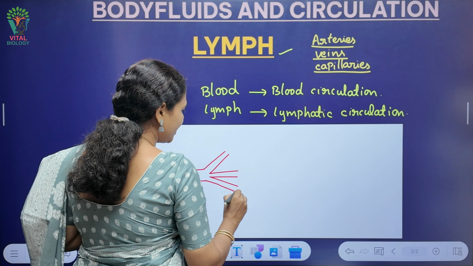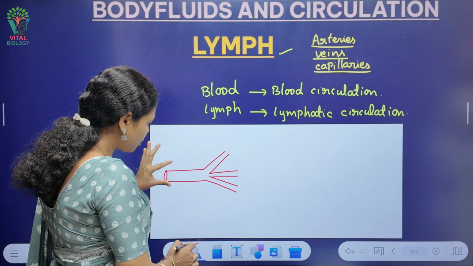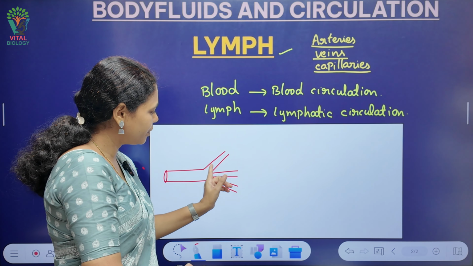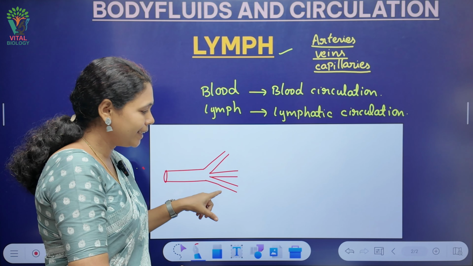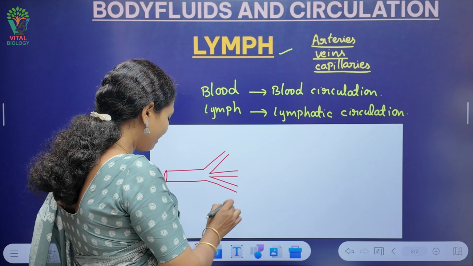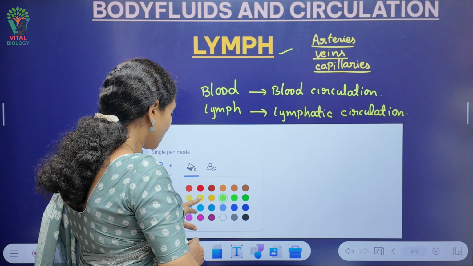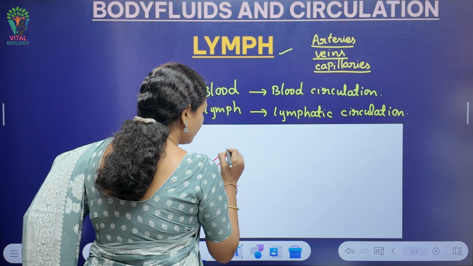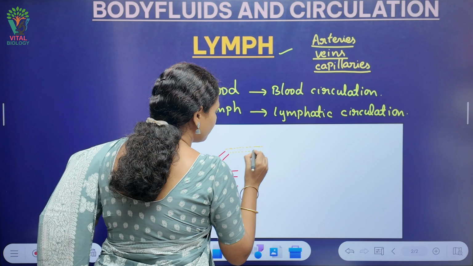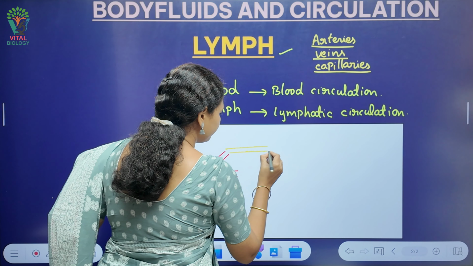You can see the difference in diameter. The diameter of this part is wider, whereas going further it got divided and the diameter is less. Once they reach the cells, they form still thinner blood vessels, which are called capillaries.